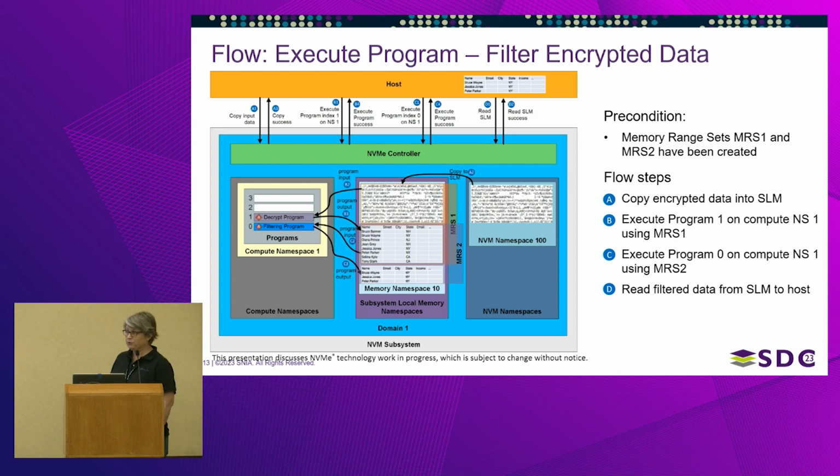So let me break it up into two questions. The first question was, are there any restrictions on the sizes of the data that can be input data or output data? And the answer to that is no. There are no limitations other than there may be device limitations as far as how much memory is available.